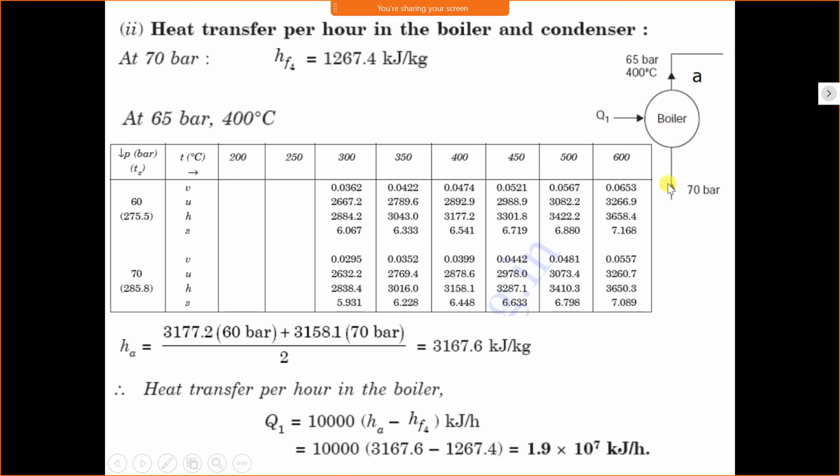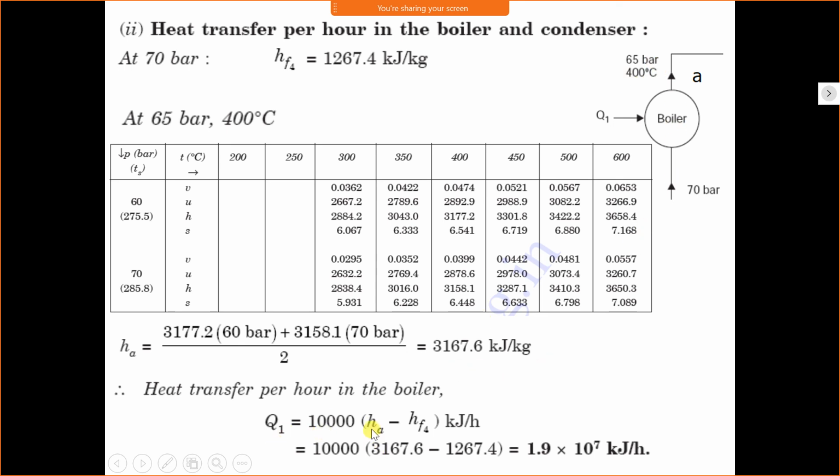Therefore the enthalpy of subcooled water is taken as HF. Therefore at 70 bar we will take the value of HF from the steam table. Look at here, at 70 bar the value of HF from the steam table is 1267.4, and the enthalpy at this point we have calculated.